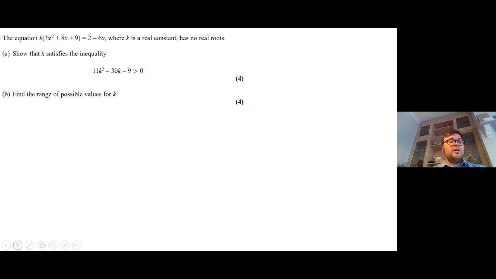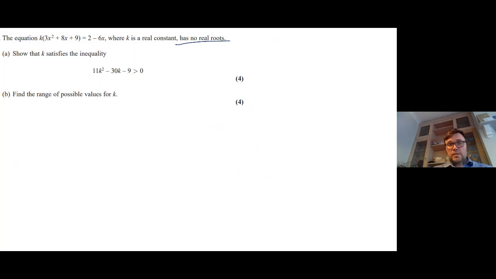So we have the equation k(3x squared plus 8x plus 9) equal to 2 minus 6x, where k is a constant value and has no real roots. So k is constant and real and the equation has no real roots; show that k satisfies that inequality.